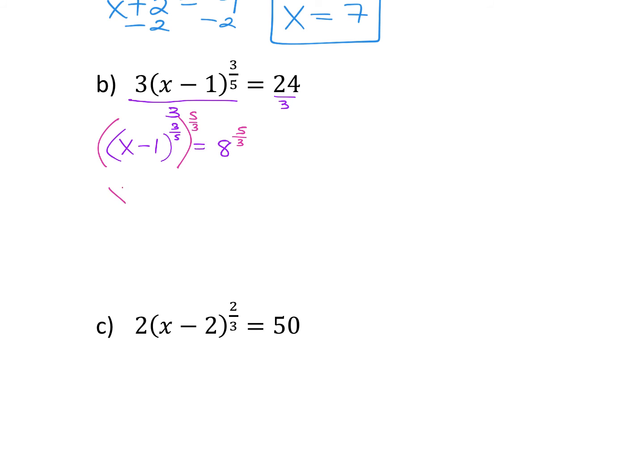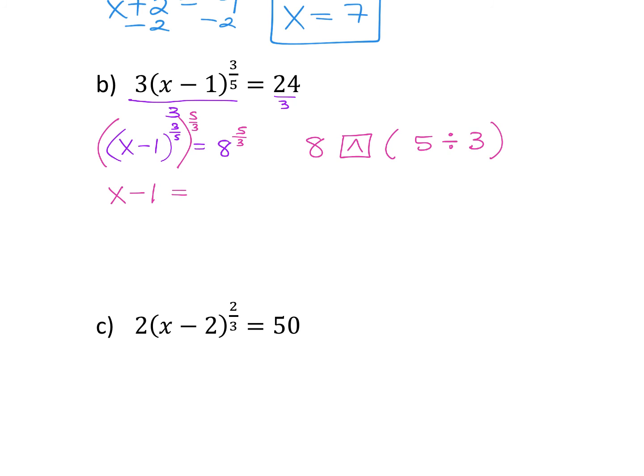So now we have x minus 1 equals, again, if you want to plug it into your calculator, 8, the caret button, parenthesis, 5 divided by 3, parenthesis. Technically, you shouldn't have to do that back one. But if you plug that in, you would get 32, right?